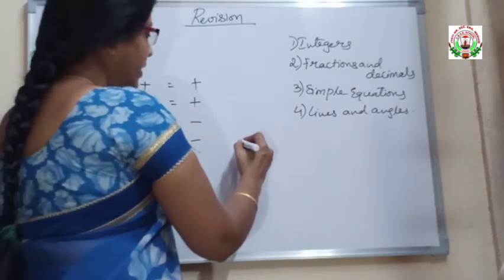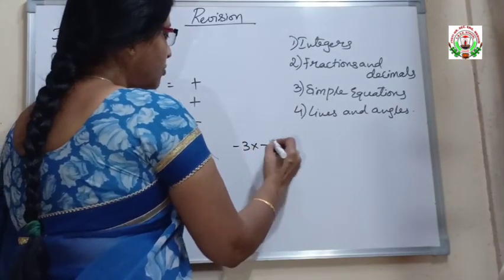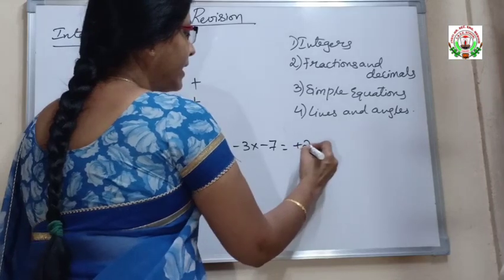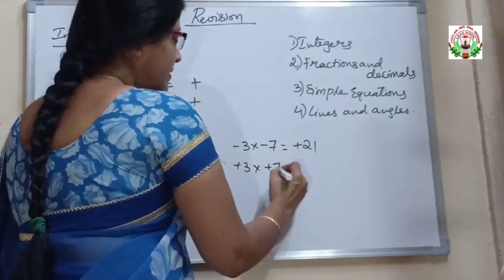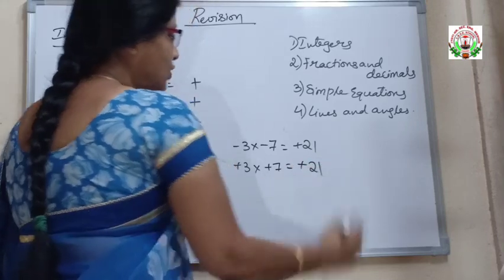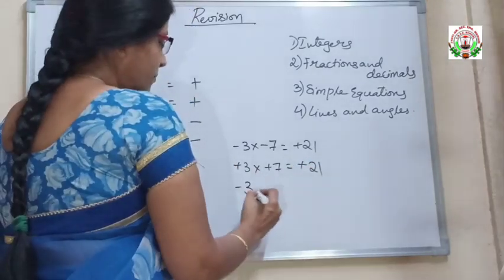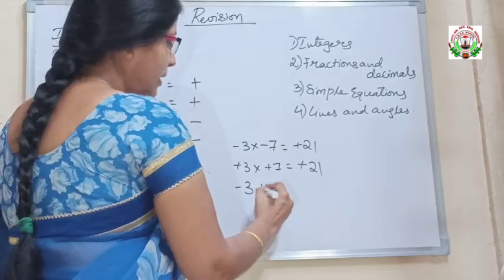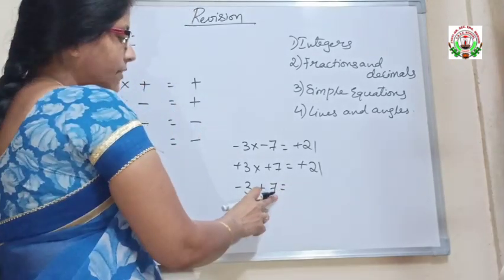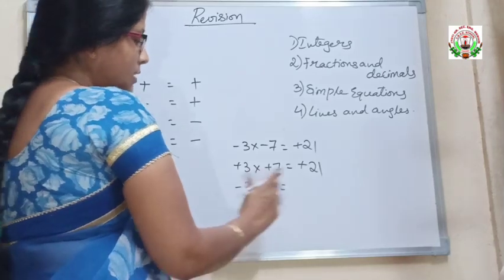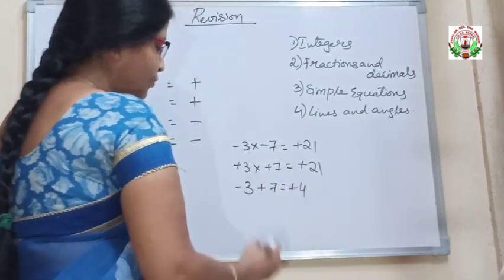Examples for this: when you multiply minus 3 into minus 7, we are going to get plus 21. Plus 3 into plus 7, we are going to get again plus 21. If you add minus 3 plus 7, because 7 is the bigger number and 3 is the smaller number, it will be plus 4.